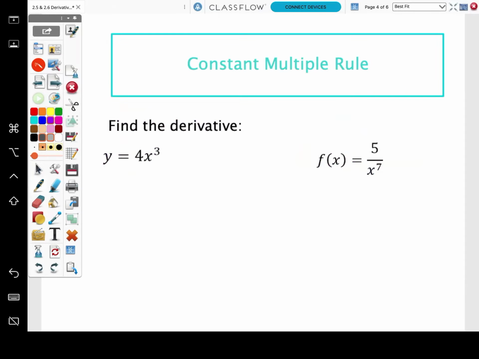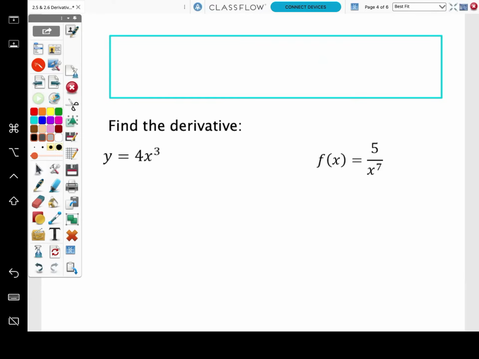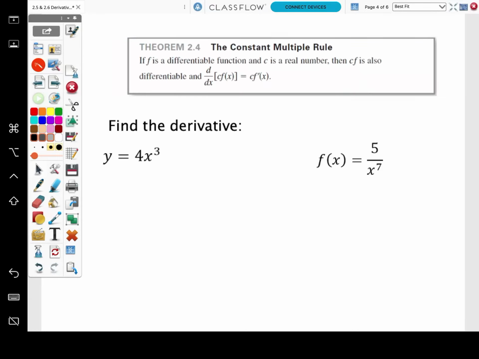Fun, fast, awesome, right? Okay, let's talk about a couple more rules because they're just as easy. So a constant multiple rule. So we're talking about powers, x to the 3rd that has a constant multiple in front, like that very first one you see, 4x cubed. Okay, constant multiple rule, that's what we're talking about. Maybe you guessed it.